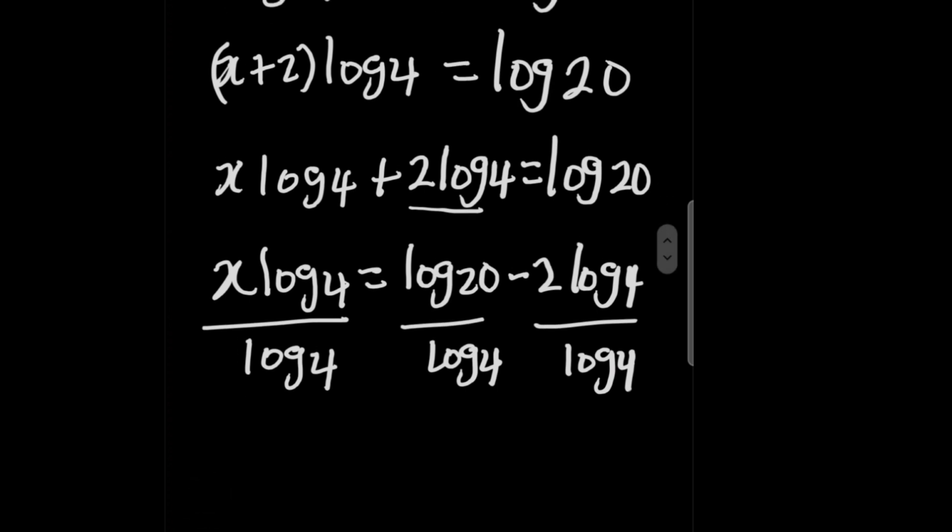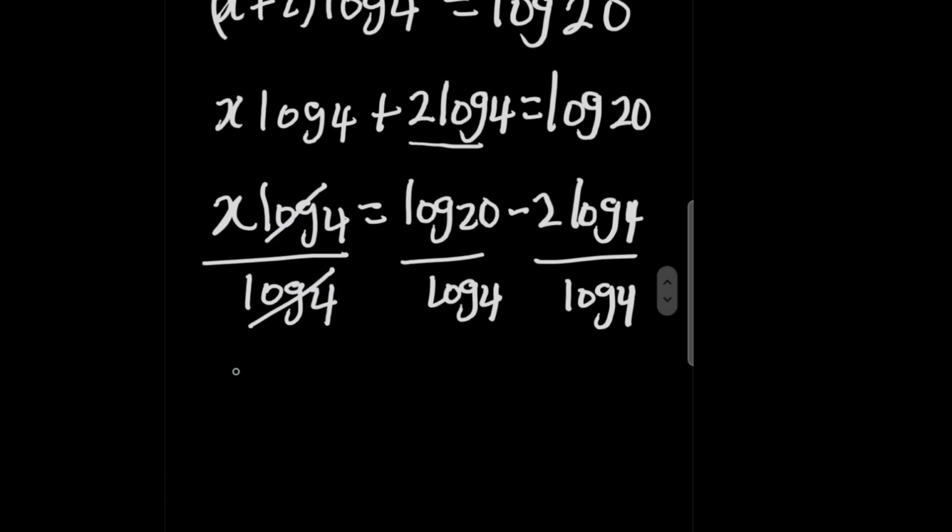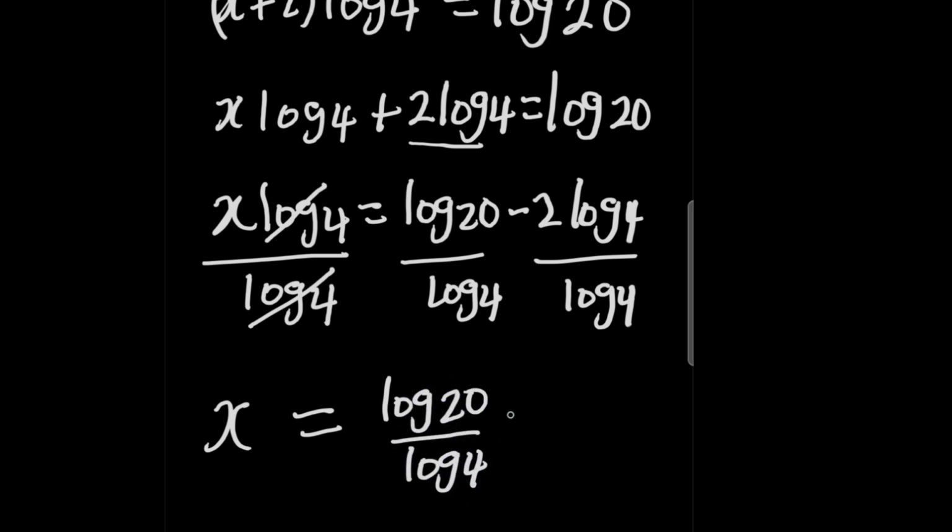The reason we do this is so this log 4 can cancel this log 4. So in the left hand side, we have only x, which is going to be equal to log 20 divided by log 4. So we rewrite log of 20 divided by log of 4 minus, here we have log 4 and log 4 is going to cancel. So it will remain only minus 2.